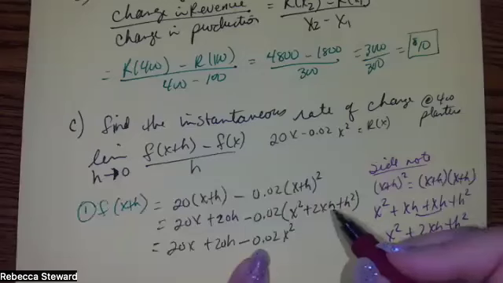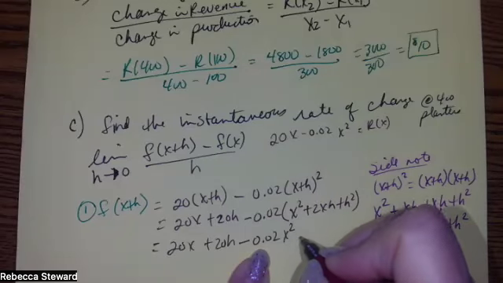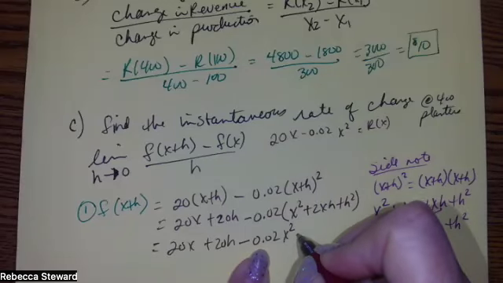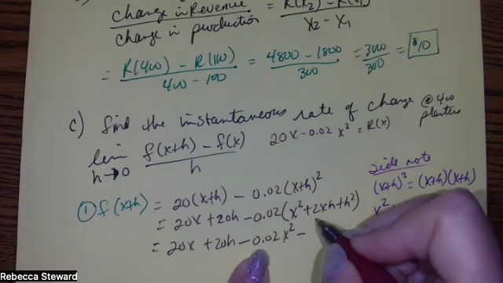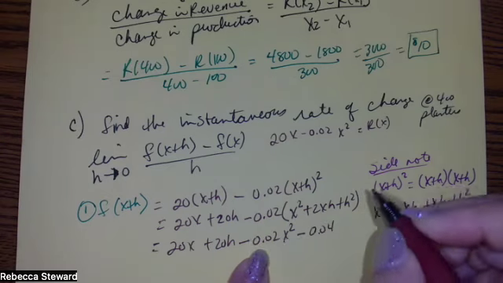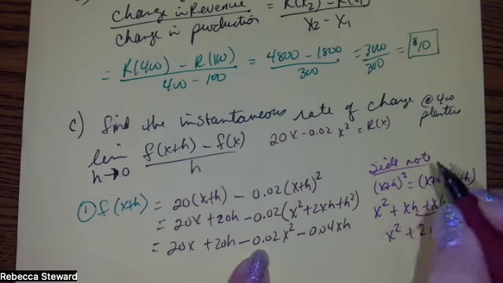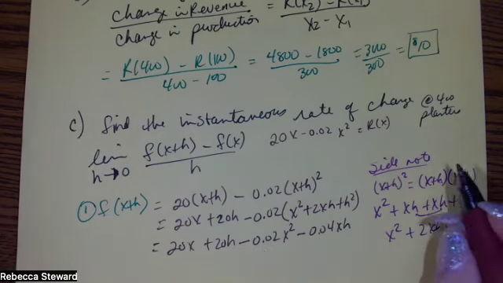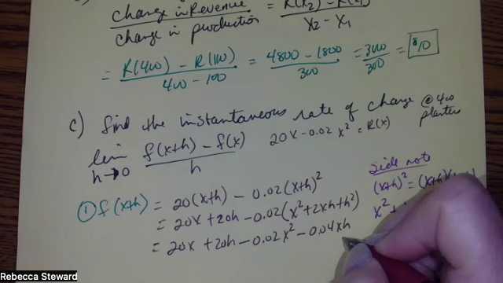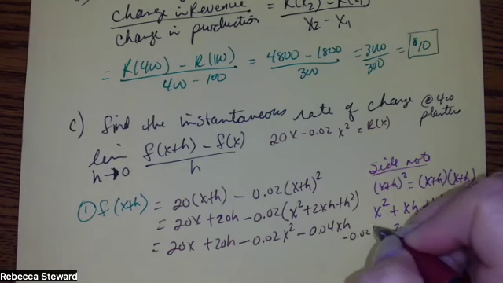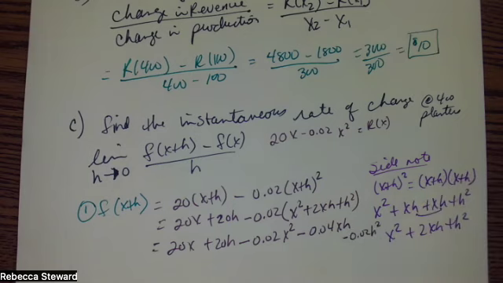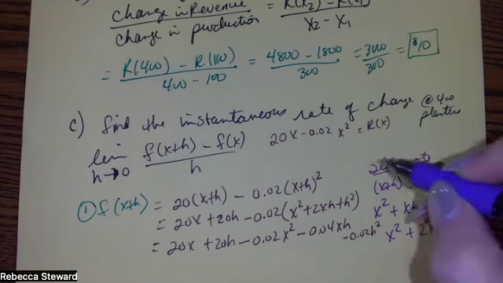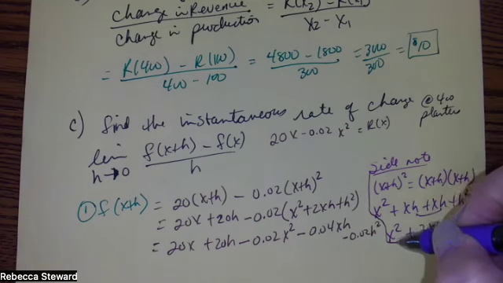And then 0.02 times 2 will get us, and it'll be negative because we're going to distribute the negative, negative 0.04 xh. Oh, we're going to run a little bit out of space, so sorry. Minus 0.02 h squared.